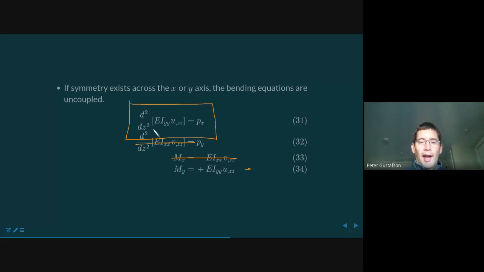Now, as I mentioned, it's important to recognize that this is the differential equation that governs the deflection of a cross section in the field going from the left side of the beam to the right side of the beam. But again, unless you're told otherwise, you can start to make some additional assumptions that make this somewhat easier.